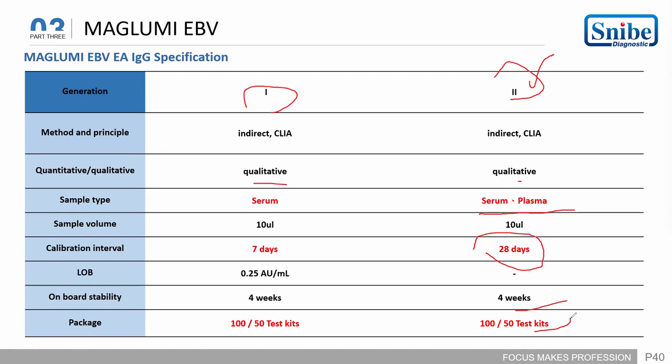We have a flexible pack size according to the requirement of the lab. So these are the parameters which require some special attention. You can use a lower pack size if your volume is low, because the testing for this is low in different cases.